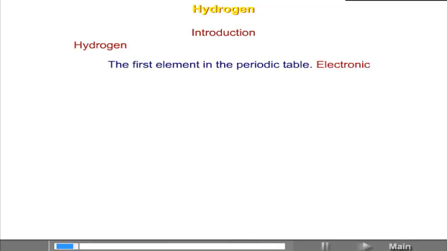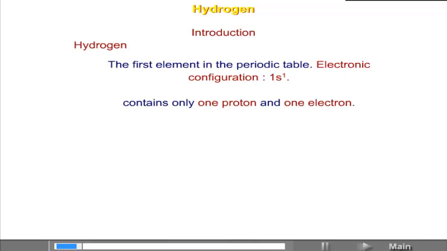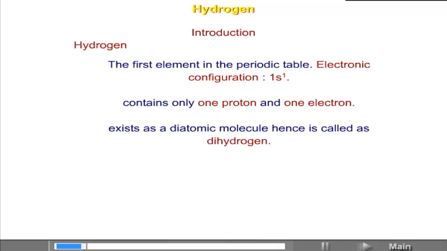Introduction. Hydrogen, the first element in the periodic table. Electronic configuration is 1s1. Contains only one proton and one electron. Exists as a diatomic molecule, hence is called dihydrogen. Most abundant element in the universe.